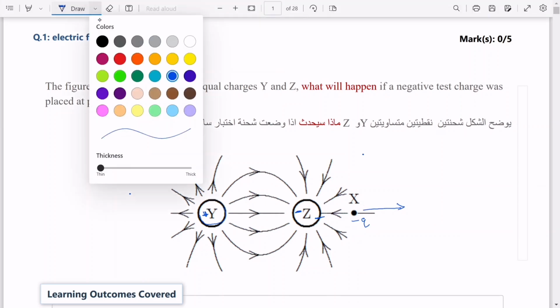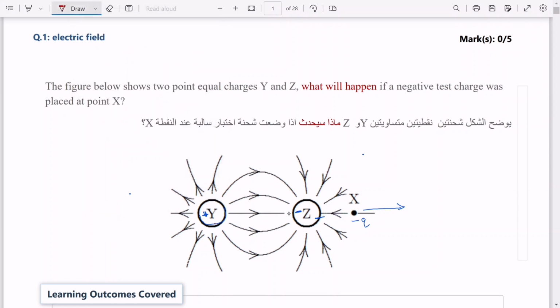The force acting on this charge by Y, because Y is a positive charge, will be directed to this side. The force applied by the charge Z will be greater than the force applied by charge Y. The reason is charge Z is nearer to this point X.